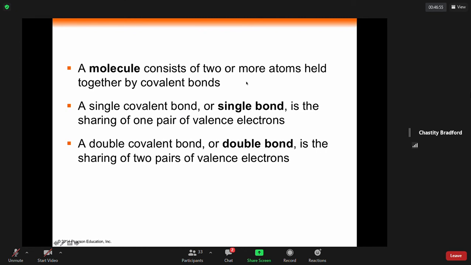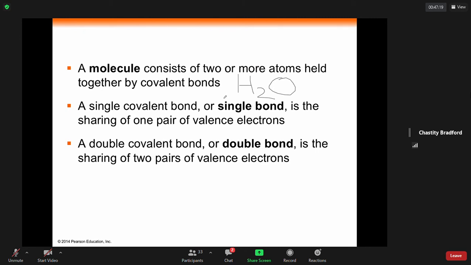How many hydrogen atoms are in a water molecule? Two. How many oxygen? One. H2O. One oxygen atom, two hydrogen atoms. Three atoms.